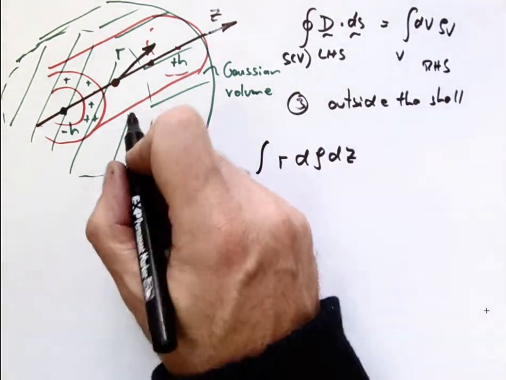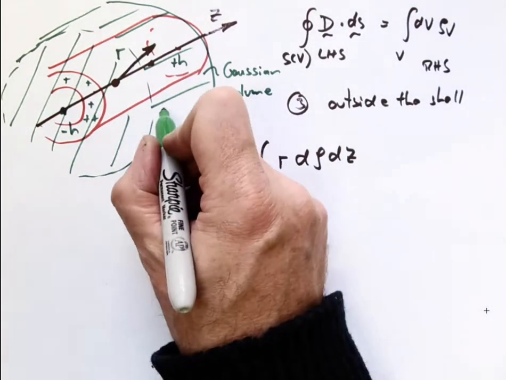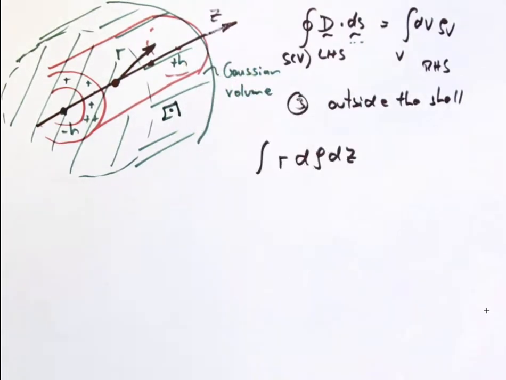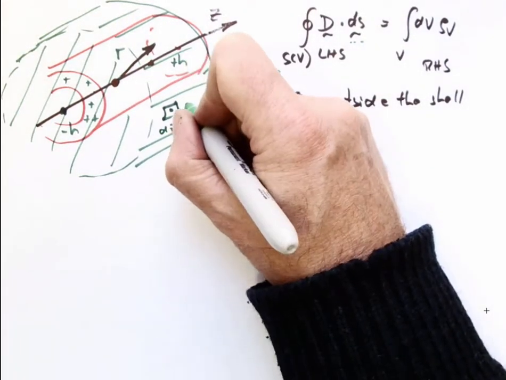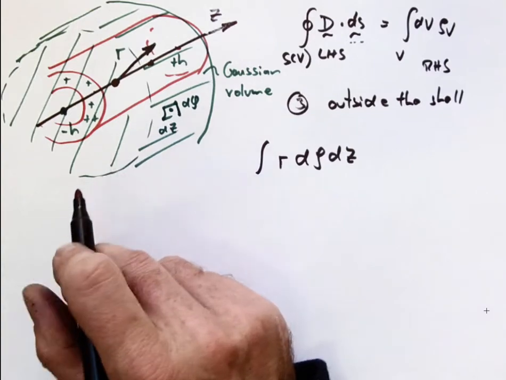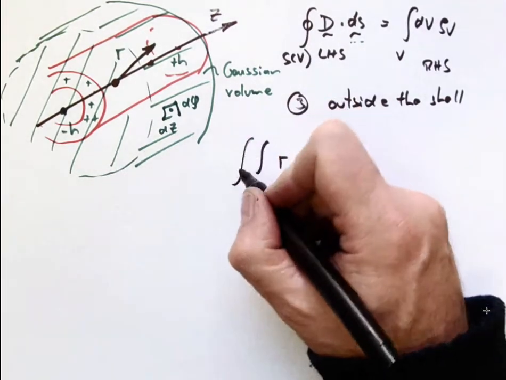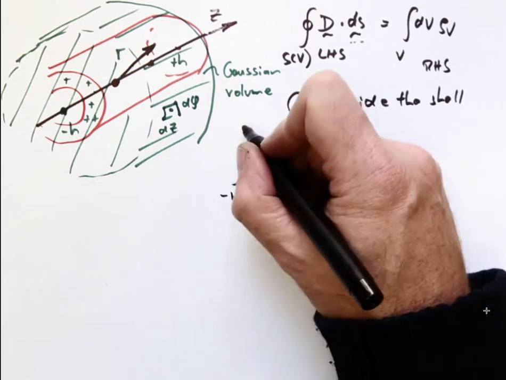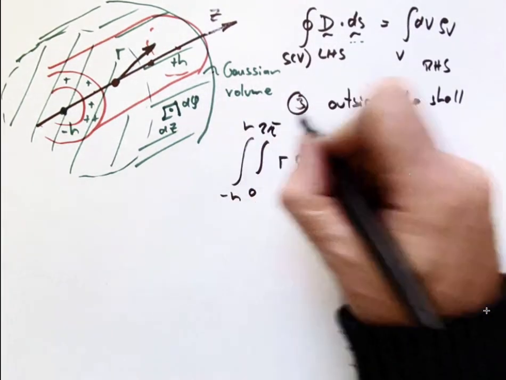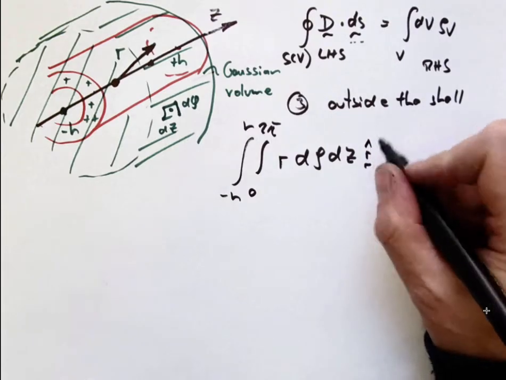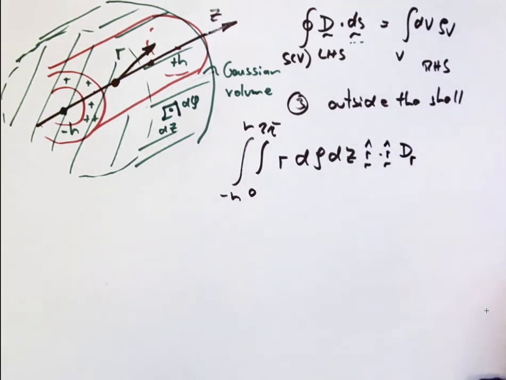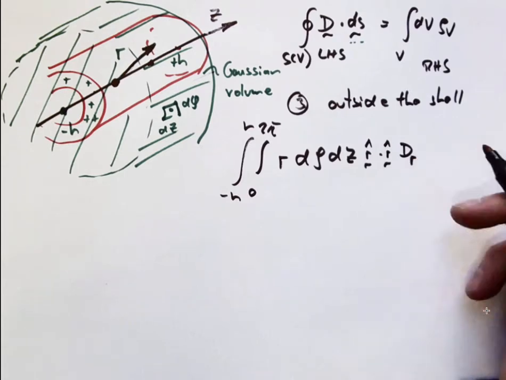dz, and again we're considering the surface differential, this dS here, on the mantle, which points outward, and that's defined by a dz and a d phi, and in order to fit with cylindrical geometry, we also have to have this factor little r, and the limits are from minus h to h along the mantle, and from 0 to 2 pi, and it's pointing in the radial direction, as is the field, which only has a radial component.